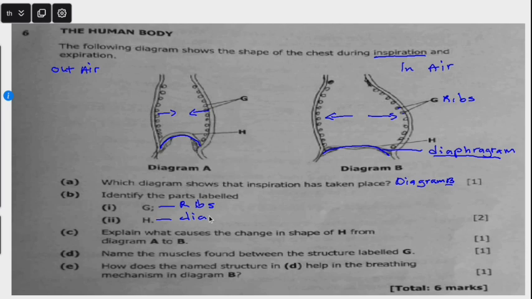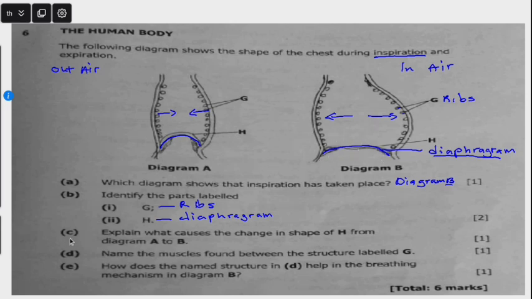I think these are just very simple questions. You are just supposed to know all these parts and what usually happens during inspiration and expiration. What I can emphasize here is that during expiration the diaphragm is contracting, it is reducing in size. Then during inspiration it is relaxing like this.